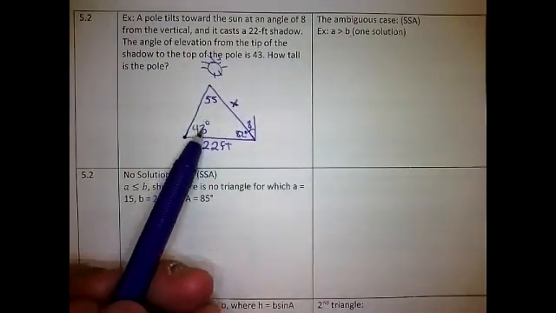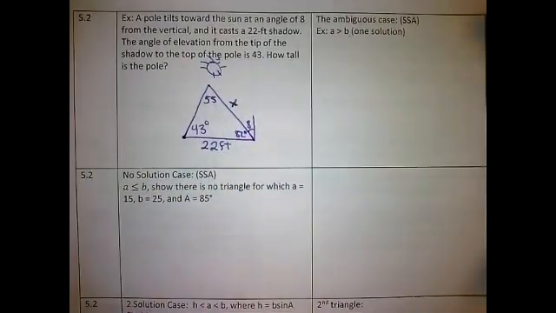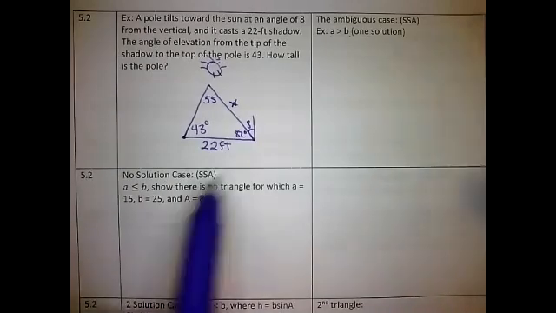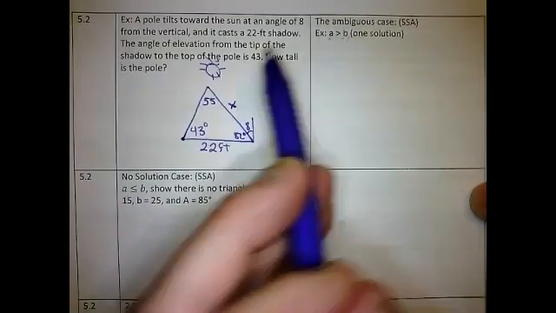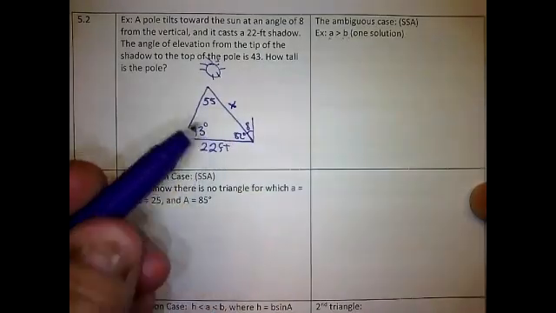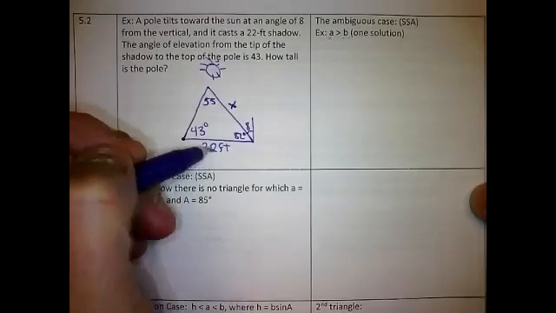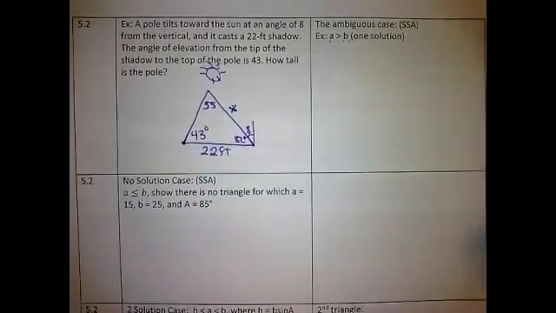So here, because we are given all of the angle measures, there can only be one case. I don't really pay attention to this A is greater than B, but what that means is that the one we know is going to be greater than the one we're finding.